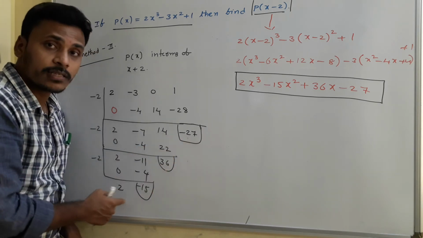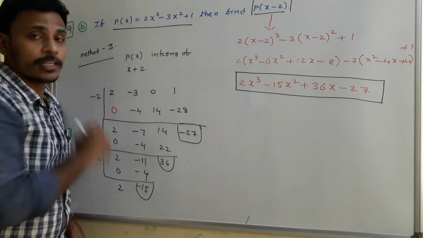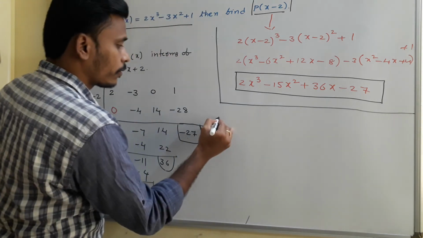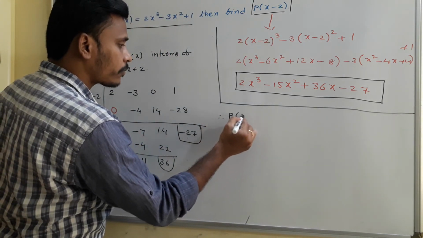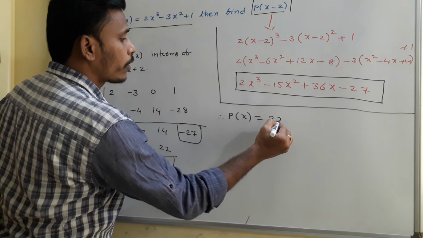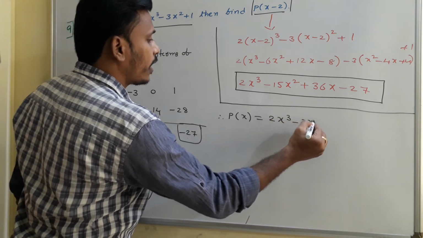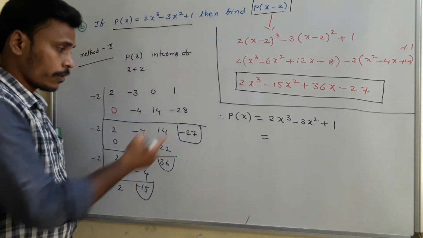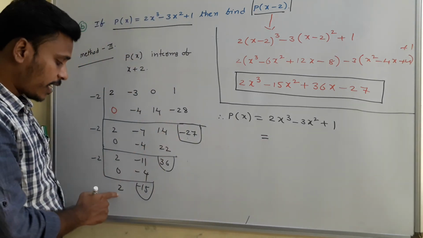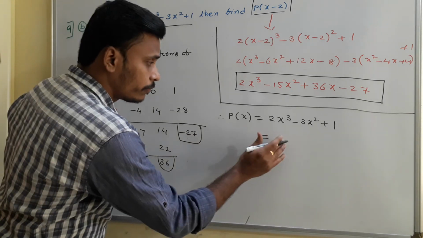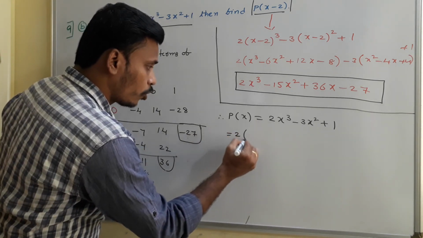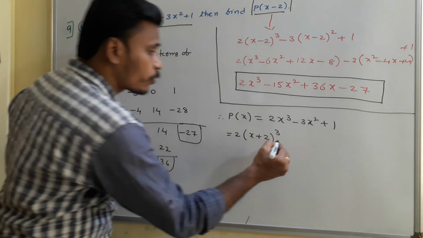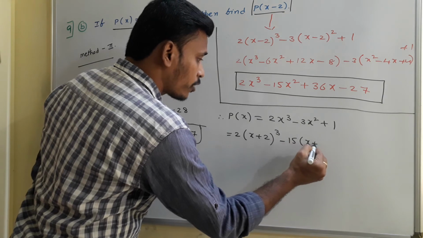Using this we will express the same p of x in terms of x plus 2. So what I do is, therefore from synthetic division, p of x is equal to 2x cube minus 3x square plus 1. The same thing is equal to, using this, as I said, from there you need to start: 2 into x plus 2 whole cube minus 15 into x plus 2 whole square.